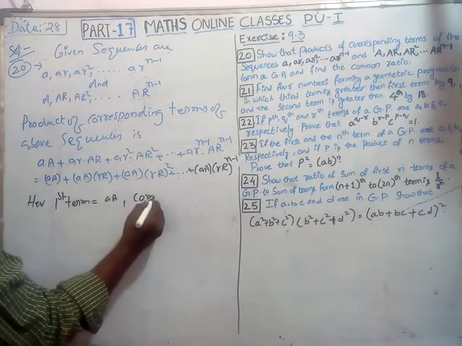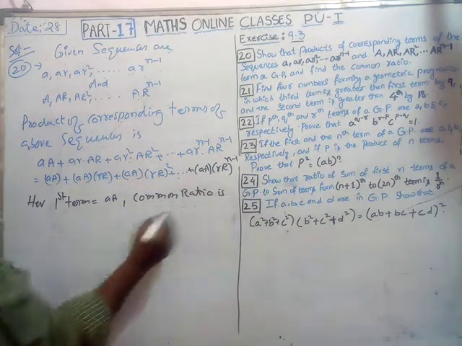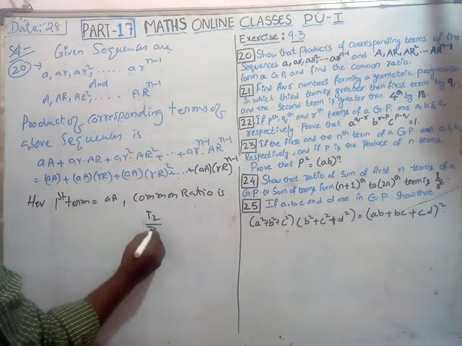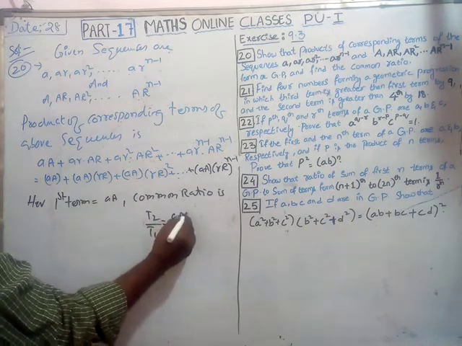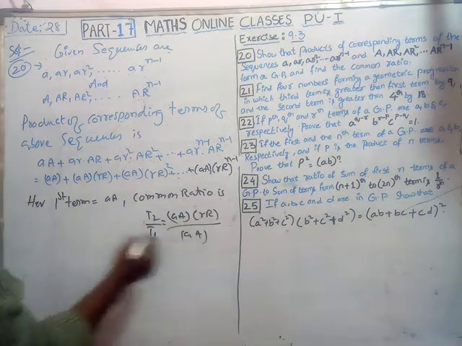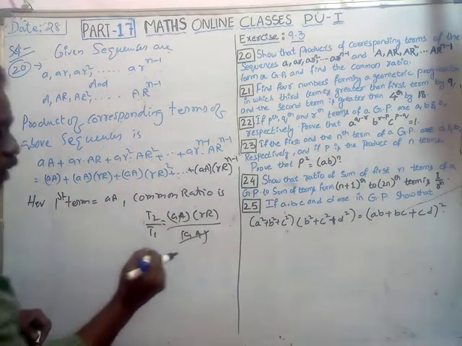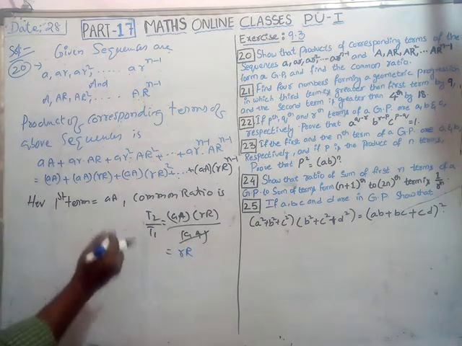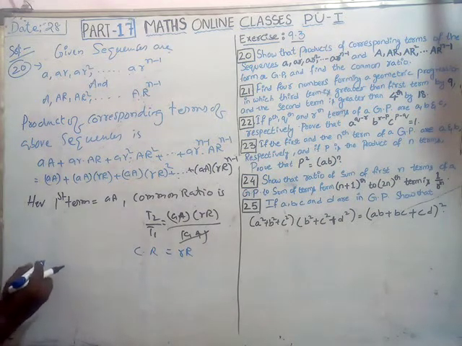And the common ratio is T2 by T1. What is T2? A capital A R capital R by A capital A. This is the second term by the first term. It cancels, and we get r capital R. This combined is the common ratio.